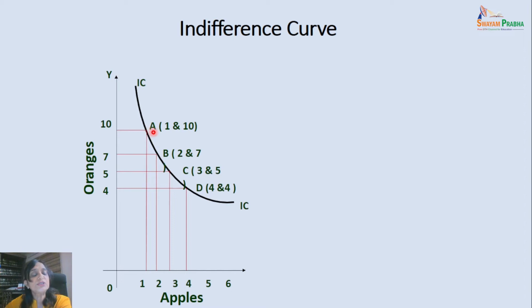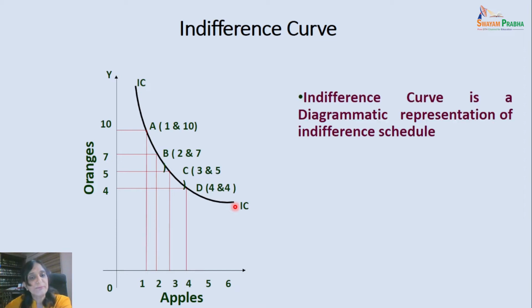Those combinations of apples and oranges give the same level of satisfaction, or in other words, the consumer is indifferent or neutral whether he consumes bundle A, B, C or D. His total utility derived remains the same. Therefore, when you join all these 4 points, the curve that you get is known as the indifference curve.